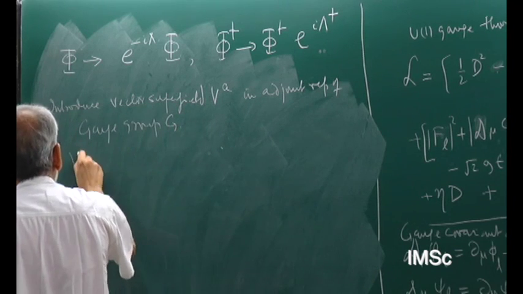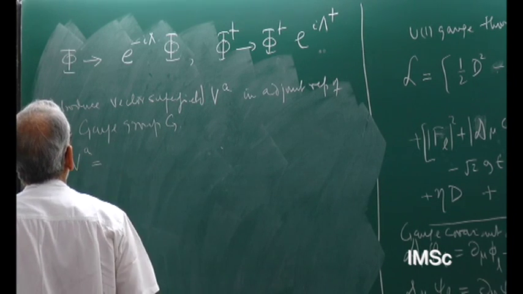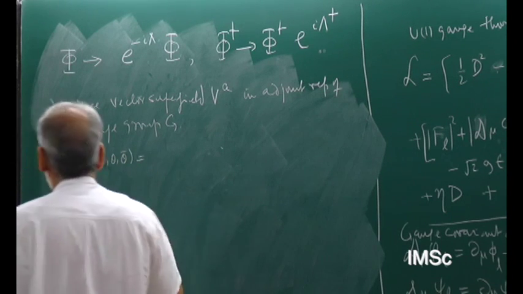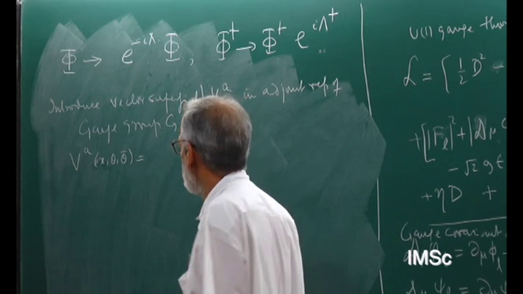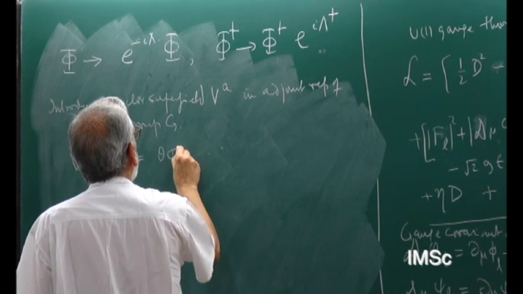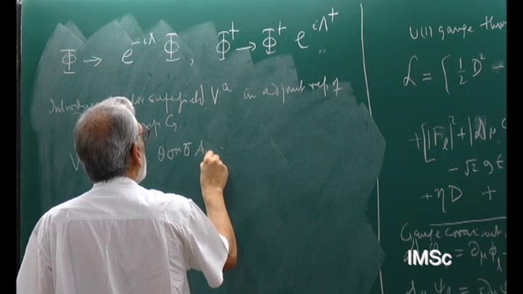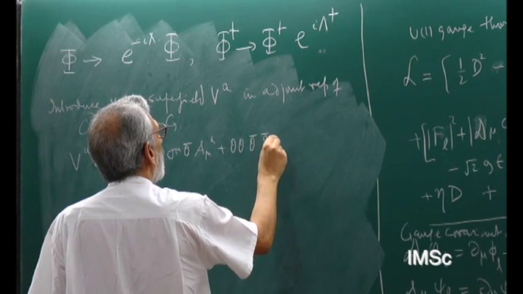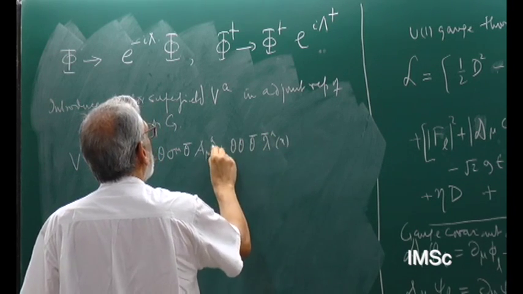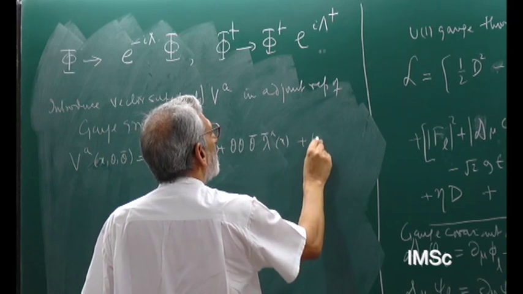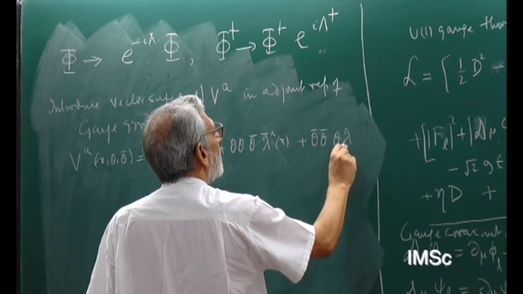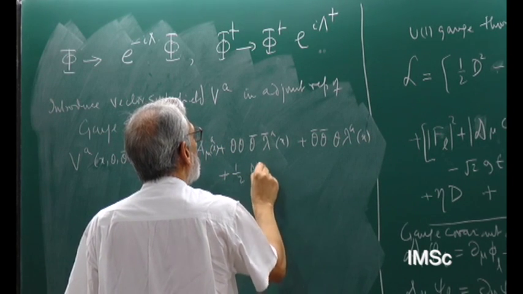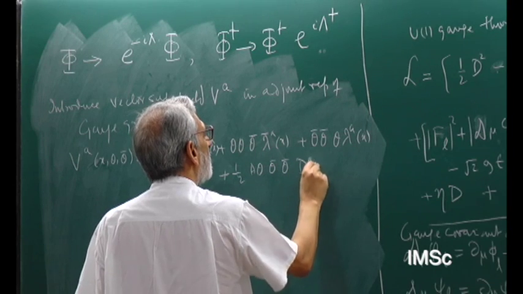And just to remind ourselves, in components, in the Wess-Zumino gauge, the components of this V field are theta sigma^mu theta-bar A_mu^A plus theta theta theta-bar lambda-bar^A(x) plus theta-bar theta-bar theta lambda^A(x) plus half theta theta theta-bar theta-bar D^A(x).